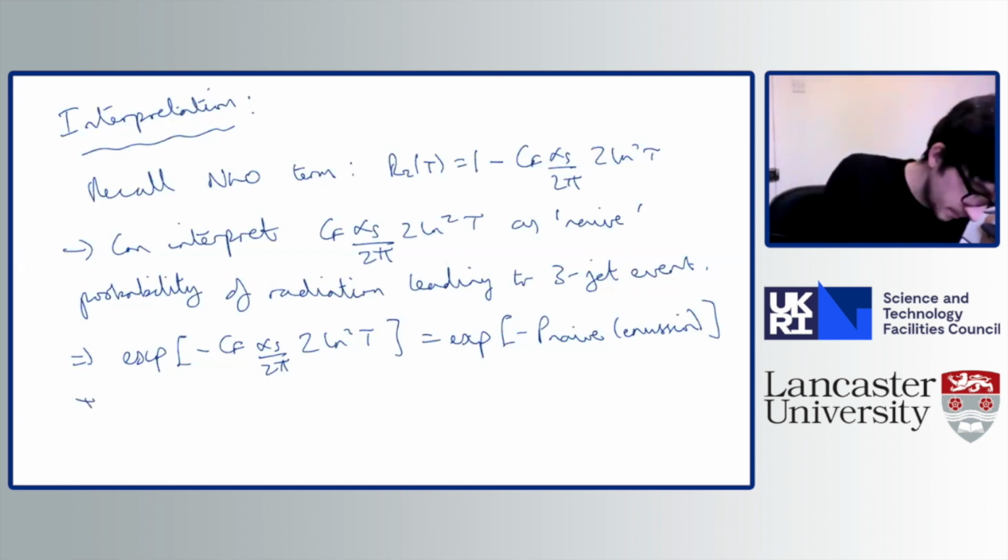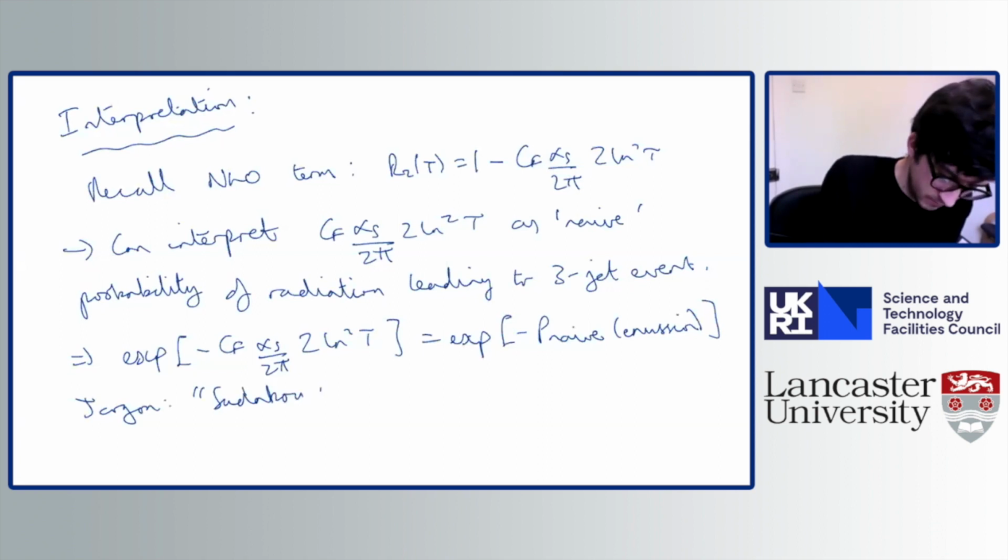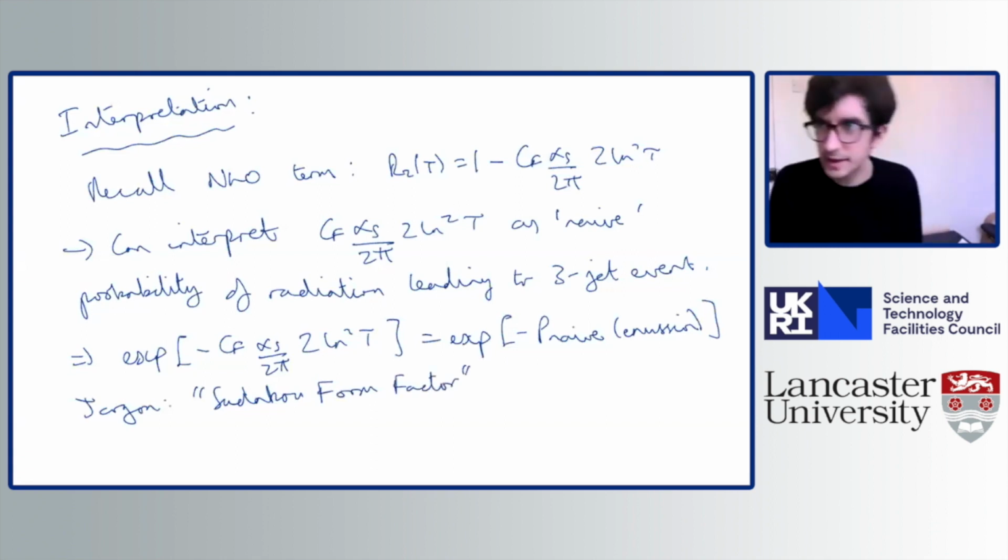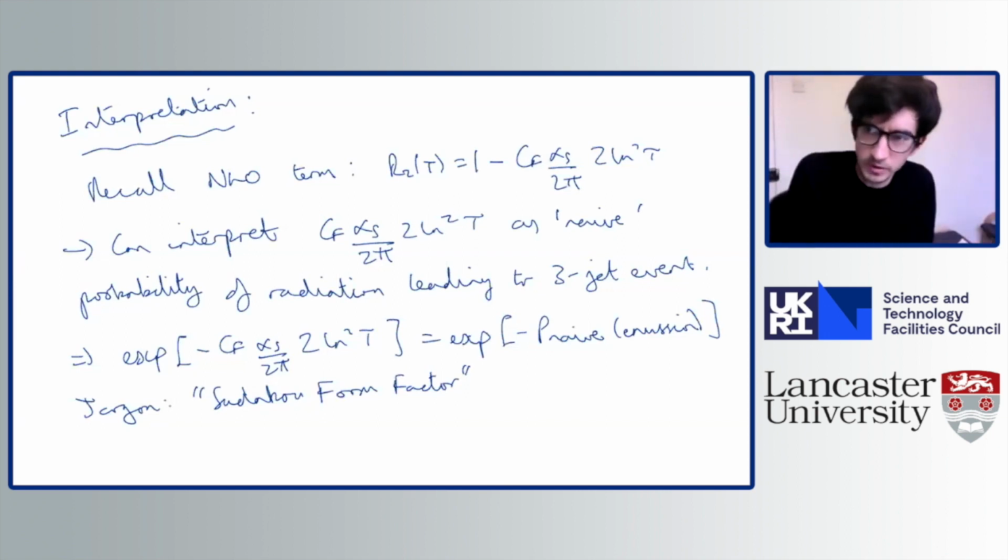And in the jargon, this thing is called, by the way, a Sudakov form factor. Sudakov is just a physicist name. It doesn't add anything to call it that for the sake of this discussion, but maybe one day or previously you've seen that word mentioned. Well, this is what it means.